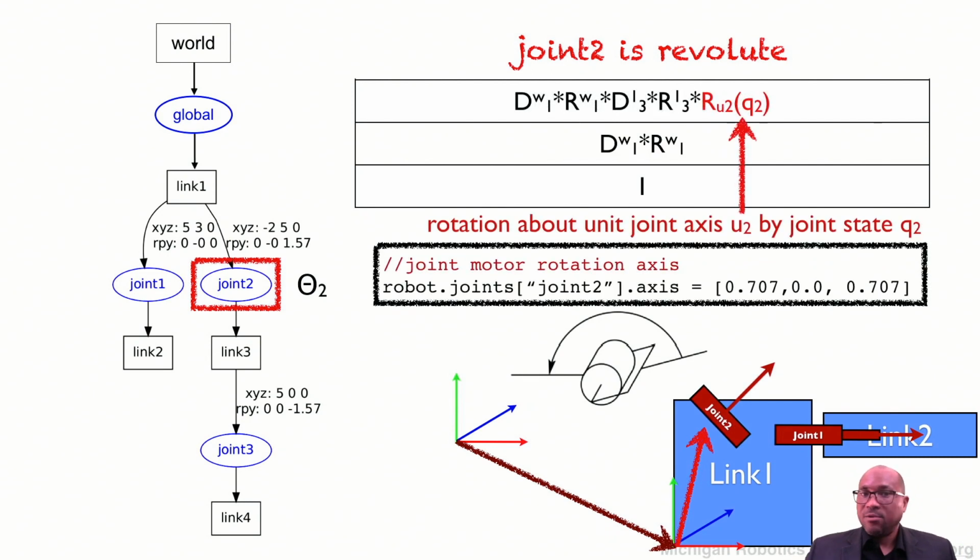Well, we can use some sort of rotation matrix that's going to represent the rotation of the angle about this axis. So we have an axis that is the axis of rotation. We're going to get some value that's going to be the angle that we want to rotate about. And so we could form that rotation matrix and put it on. And if we can do that, then we've accounted for the motion of the revolute joint.